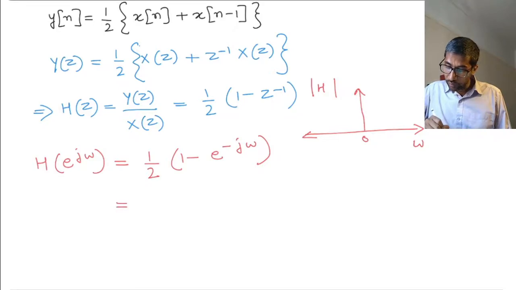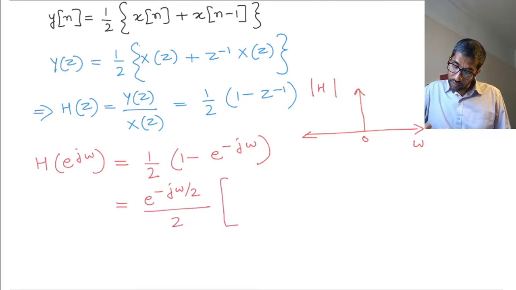So what is this going to be? You can write it as e^(-jω/2) over 2, and then the thing inside the bracket becomes e^(jω/2) plus e^(-jω/2).